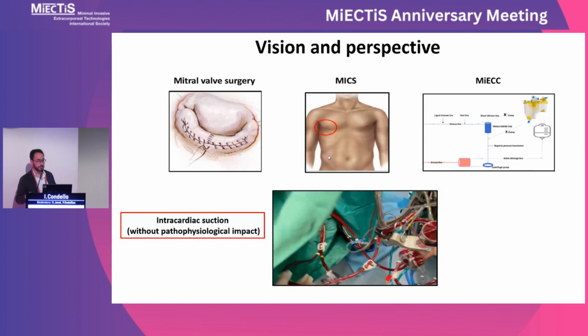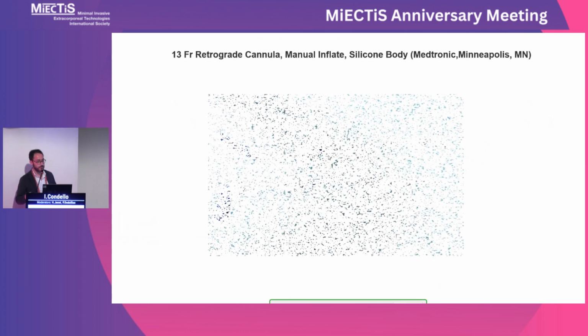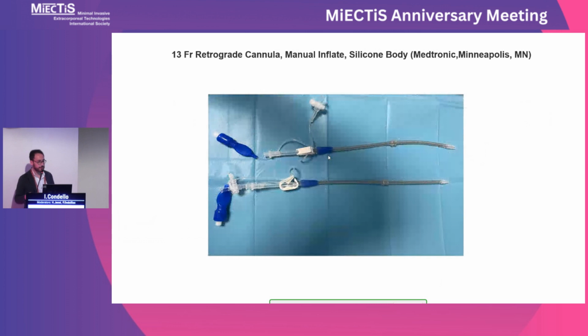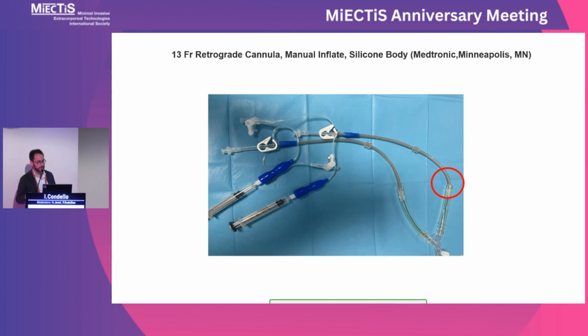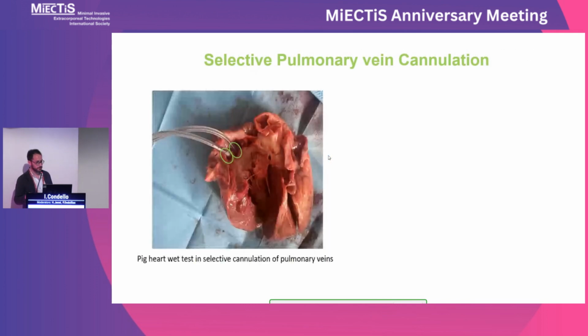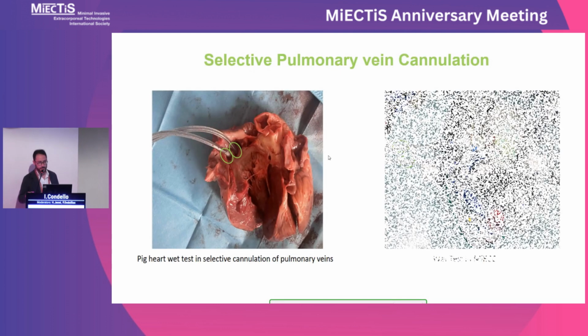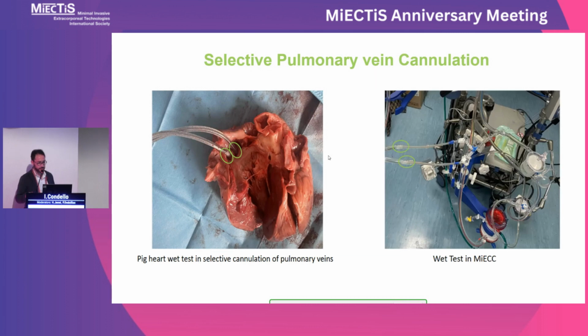How is it possible? In our experience, we use this cannula, which is a retrograde cannula for cardioplegia. We put this inside the pulmonary vein, and we ran many tests to assess its use. We started with the pig heart to improve the isolation of the pulmonary vein, and we tried to simulate this in vitro.